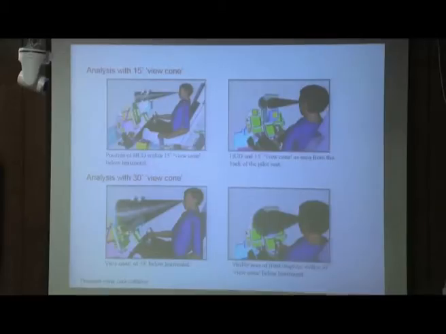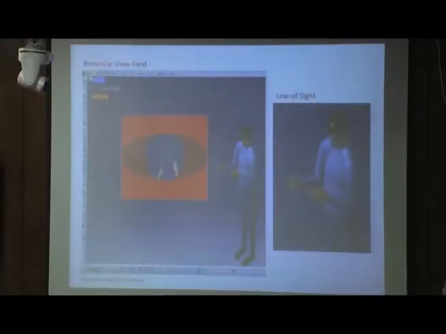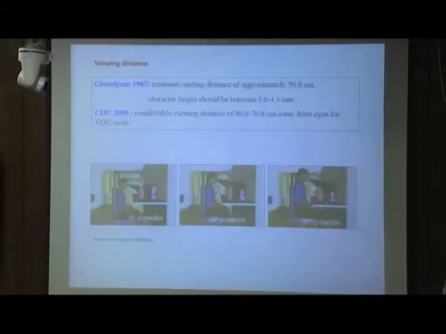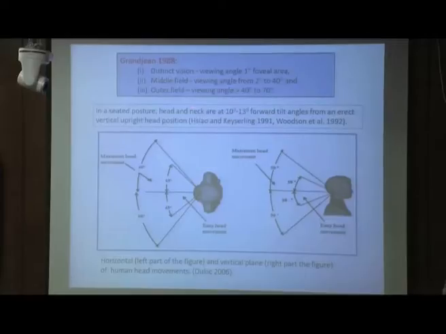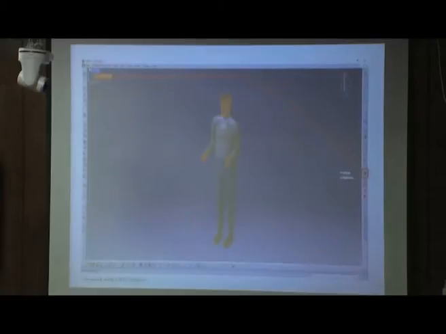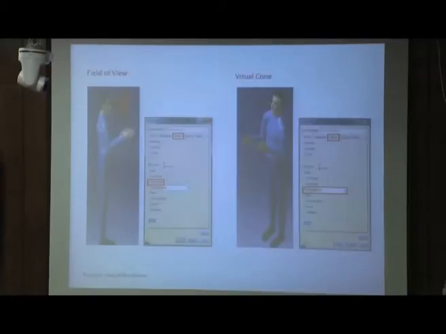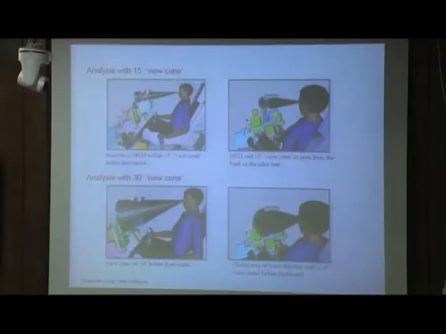While the pilot is positioned, we can create this type of 15 degree view cone. Initially, what we are doing is positioning and keeping the neck angle at 10 to 13 degrees. That is the normal human behavior, as we already mentioned in our earlier slide. As per this reference, the human neck is 10 to 13 degrees in forward tilt. So first we are giving this type of 10 to 15 degree forward tilted neck angle.